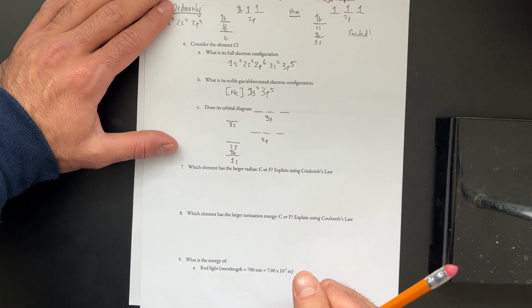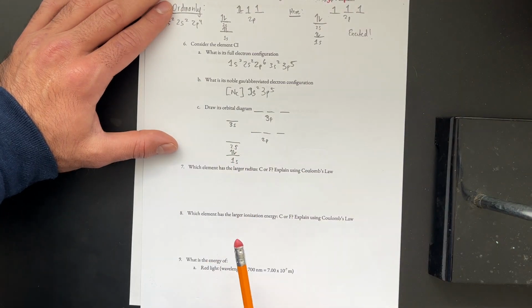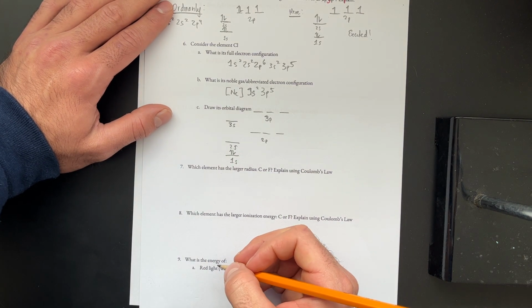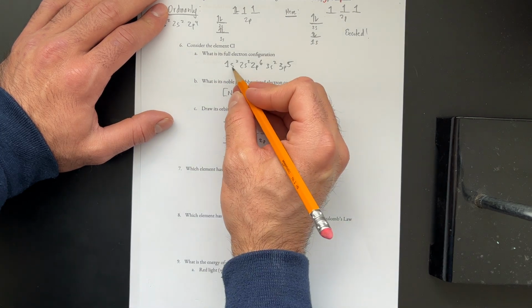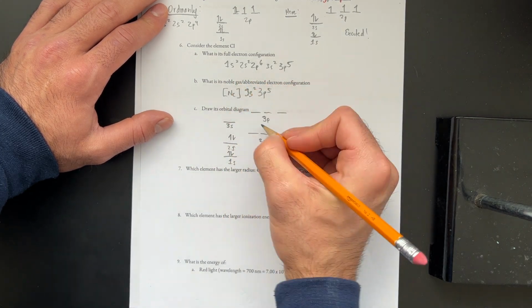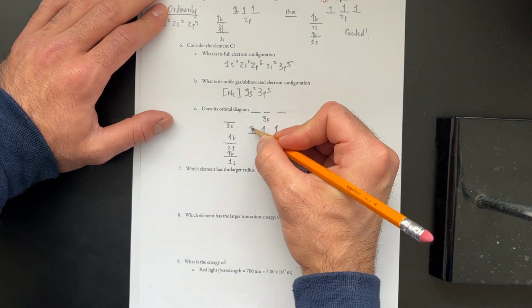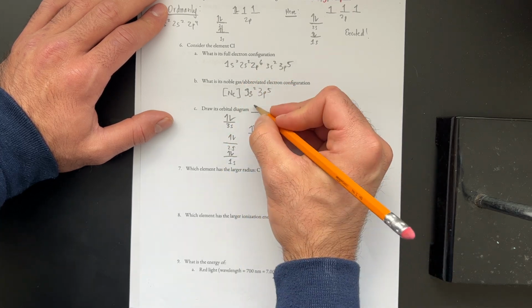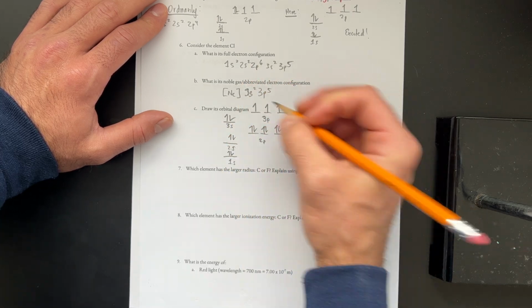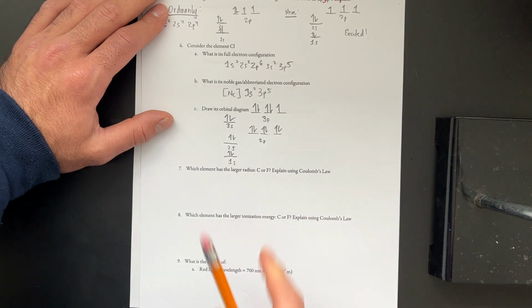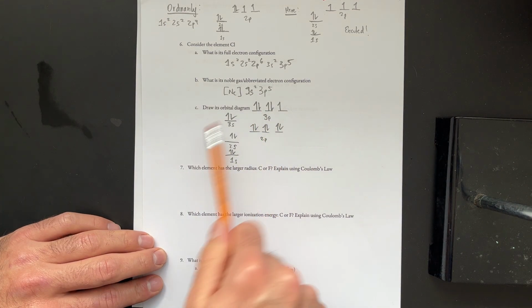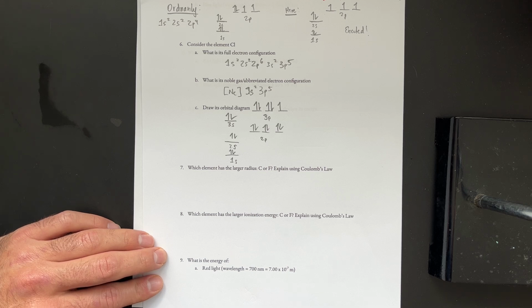Go back and review that little activity that we did with the sunny rooms and the pink rooms and placing borders in there. But so, yeah, we have 2 in the 1s, 2 in the 2s, 6 in the 2p, 2 in the 3s, and then we have 1, 2, 3, 4, 5 in the 3p. Remember the seats on the bus rule, don't double up unless you have to. And so, yeah, this is what its orbital diagram is going to be.